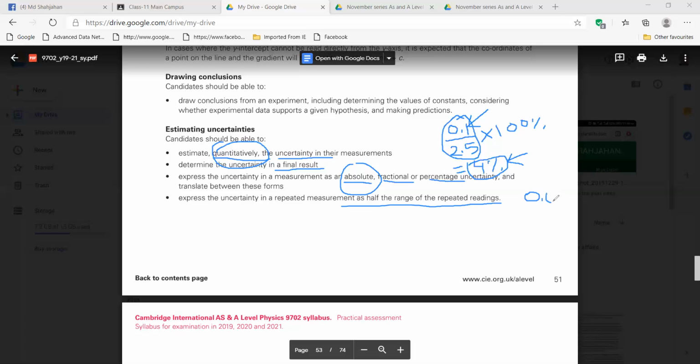If you are taking the average of any reading, your absolute uncertainty will be half of the original absolute uncertainty, or half of the accurate value. Clear to you?